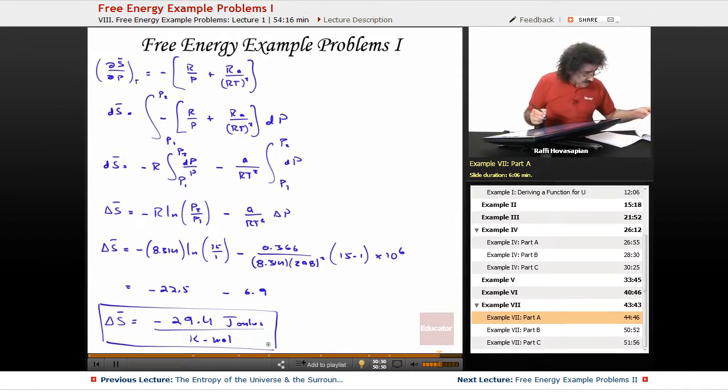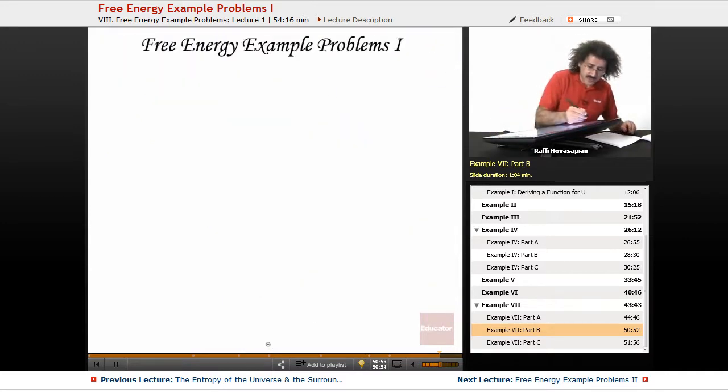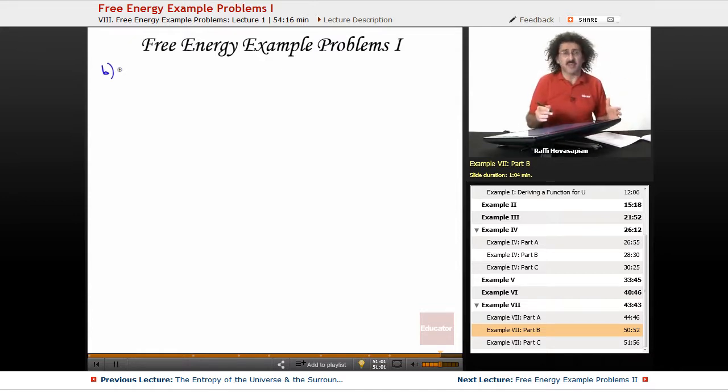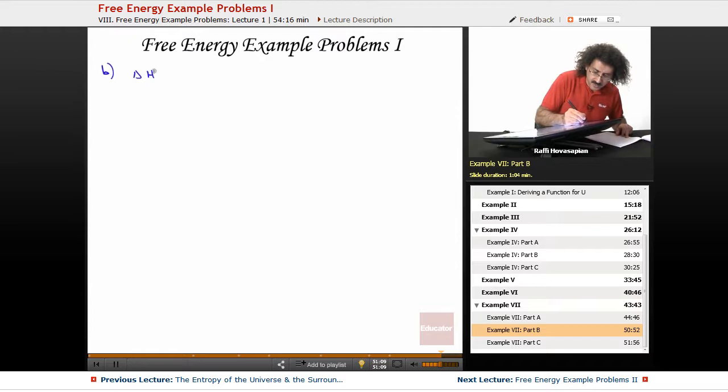Okay, so let's see what's next. They asked us to run these same calculations, part B, under a new temperature. It's the same exact process, same exact thing we just did. The only difference is instead of 298 for the T, we're going to put 598 for the T. So what we end up with is delta H at 598 equal to minus 1460 joules per mole.